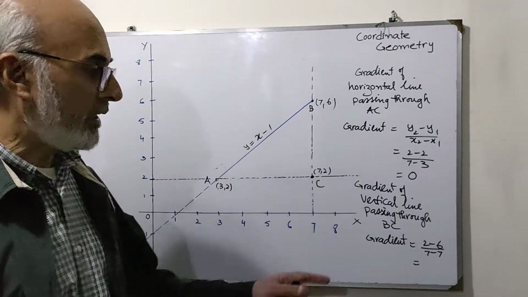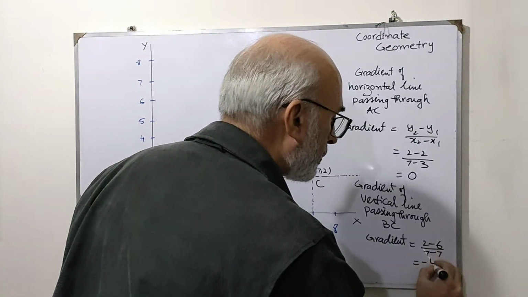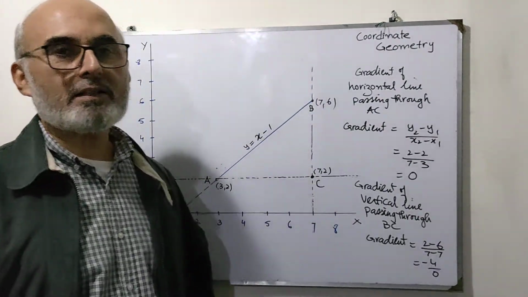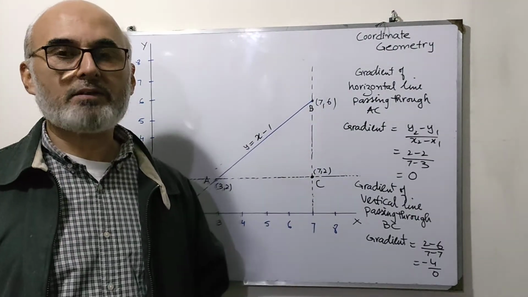So if we see here, it is minus 4 over 0. So it is undefined. If anything is divided by 0, it is undefined.